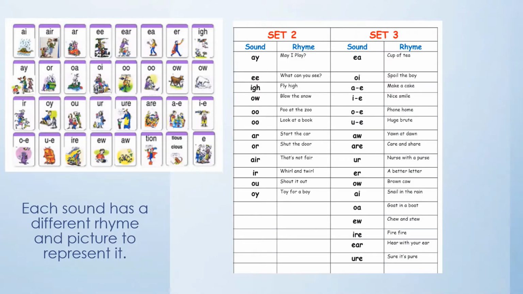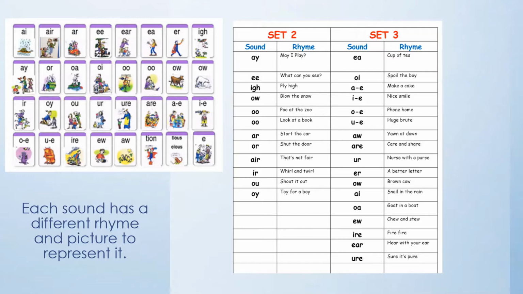So in the set 2 and set 3 sounds, which we can see here on our right, each sound has a rhyme to help the children remember that sound. And it also has a picture representation with it as well.